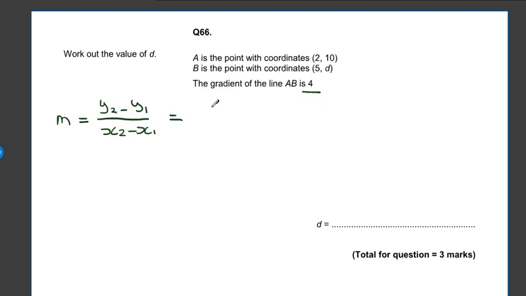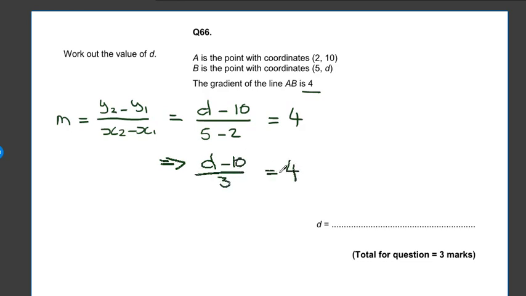I'm going to pick this. d minus 10 over 5 minus 2 equals 4. This is the easiest thing in the world. That implies d minus 10 over 3 equals 4. What number divided by 3 is 4? 12. So d minus 10 has to be 12, so d has to be 22.